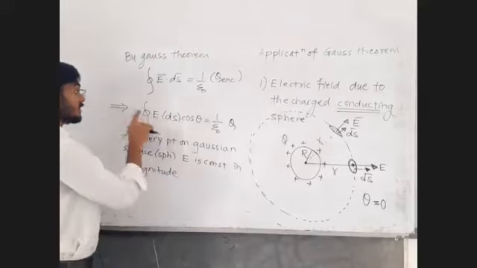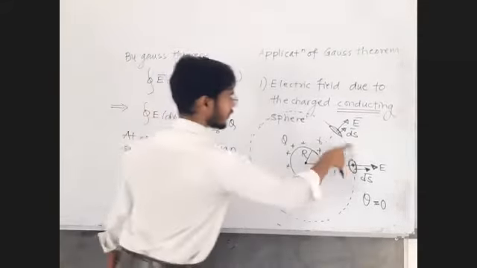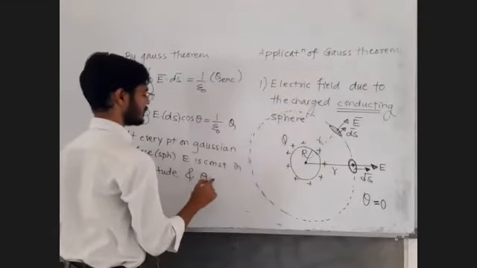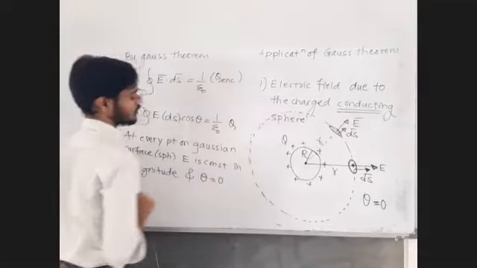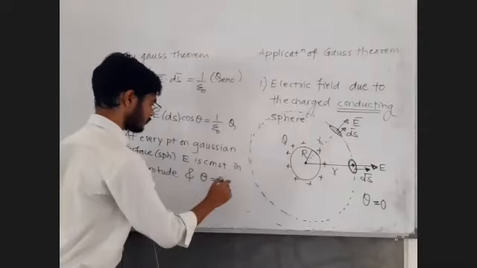That means E is constant and can be taken out of the integration. And at each and every point on the sphere, the angle between the area vector and the electric field is 0.